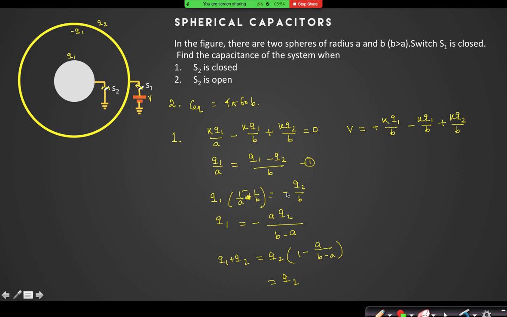B minus A. And that will be A by B minus A. So Q2 by B minus A into B minus 2A. Alright. So can I say V equal to KQ2 by B, that is equal to K by B into what is Q2? It is Q1 plus Q2 into B minus A divided by B minus 2A.